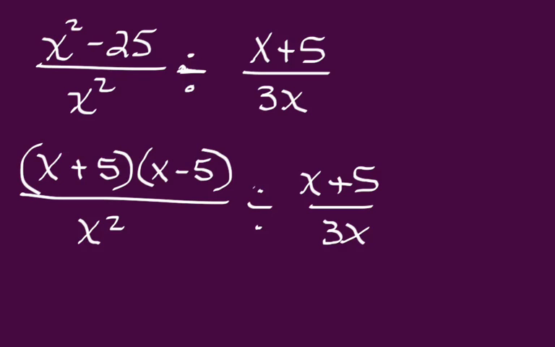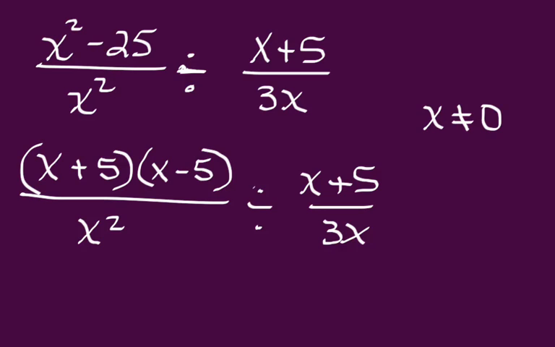Now I'm going to list the restrictions because that's important. I have 2 copies of x here, neither one of those copies can be 0. I have a 3 times an x here. That copy can't be 0 either. So you only have to state that x cannot equal 0 one time. But here's the kicker.